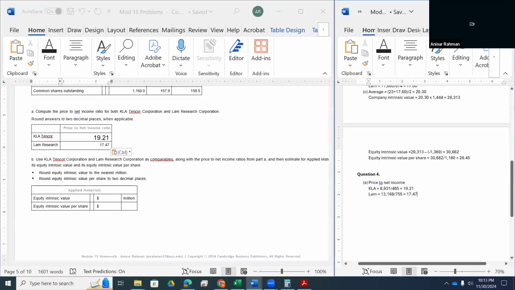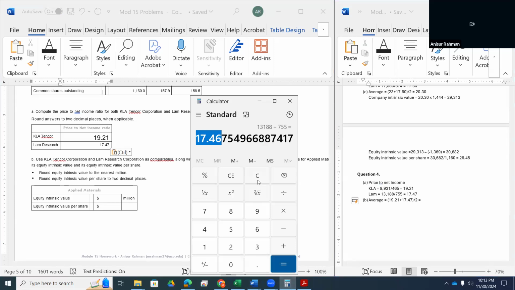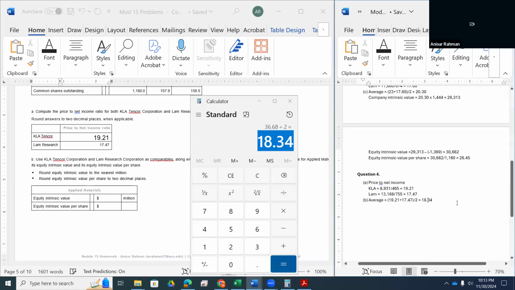Now we have to use these, calculate the average, and then find out equity intrinsic value and equity intrinsic value per share. So our average is... and then we can directly calculate equity intrinsic value, because when we calculated price to net income, we used market value of equity in the numerator.